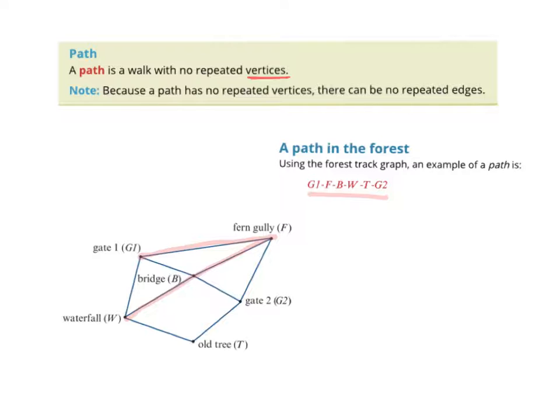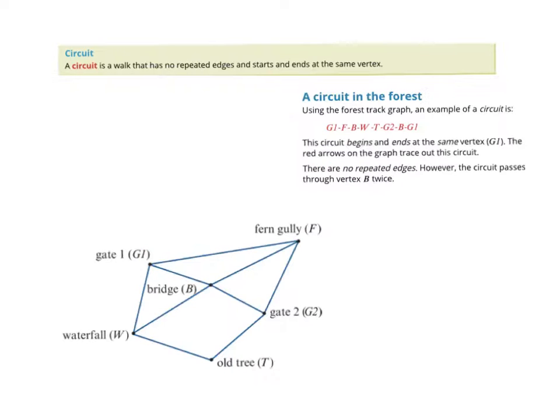Once I've been to those places, I can't go again if it's a path. So I'll go to the tree and gate 2. So there's an example of a path. I have not repeated going back to any of these spots, the vertices. All right, so that's a path.